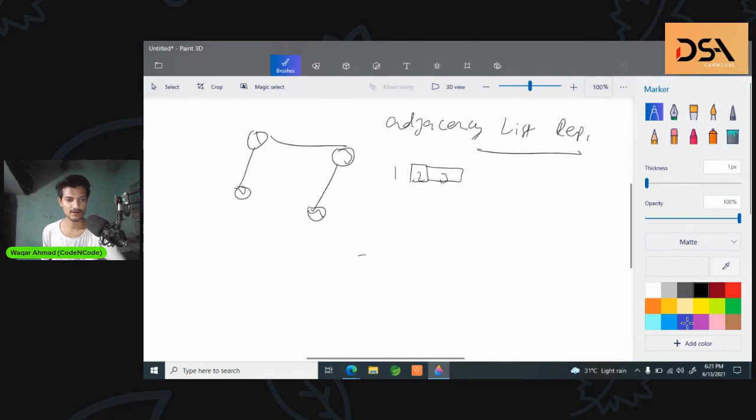If you are taking an array of size 10 to the power 7 of integer type, each integer requires 4 bytes. To convert to kilobytes, divide by 10 to the power 3. To convert to megabytes, divide by 10 to the power 3 again. So an array of size 10 to the power 7 takes roughly 40 MB.